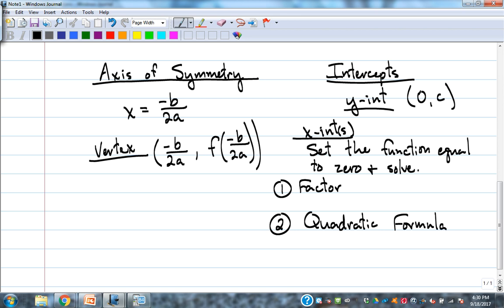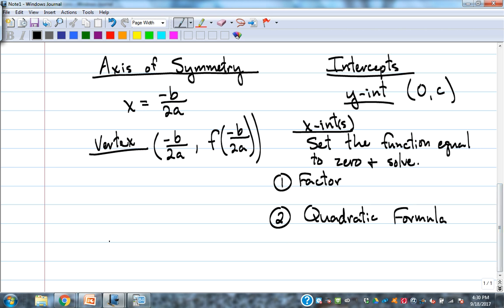Factoring doesn't always work. Not every quadratic will factor, but every quadratic can be solved using the quadratic formula. The quadratic formula is x equals negative b plus or minus the square root of b squared minus 4ac, over 2a.